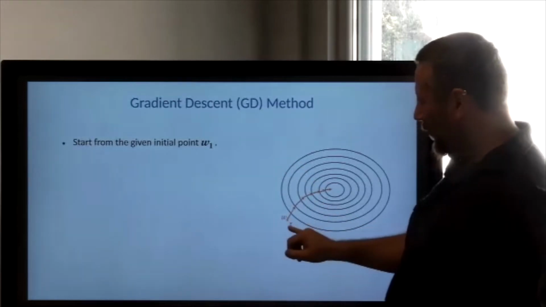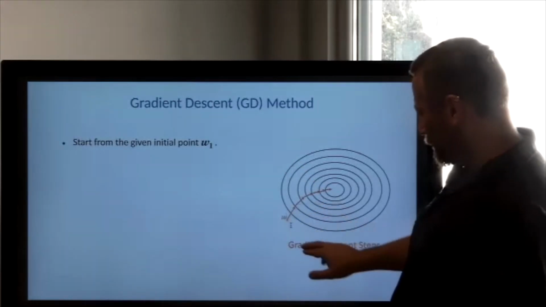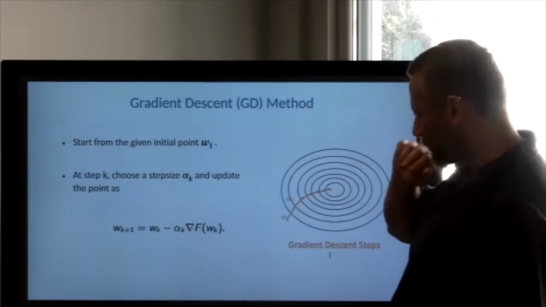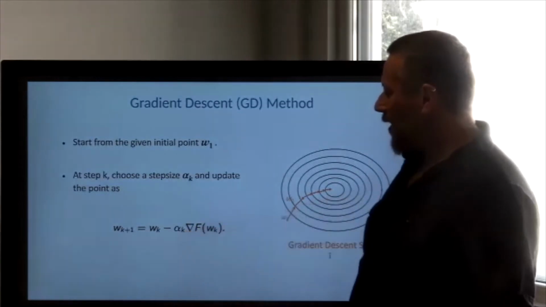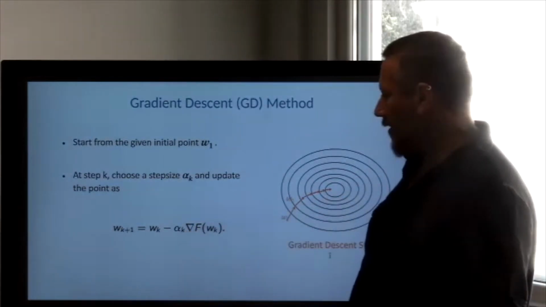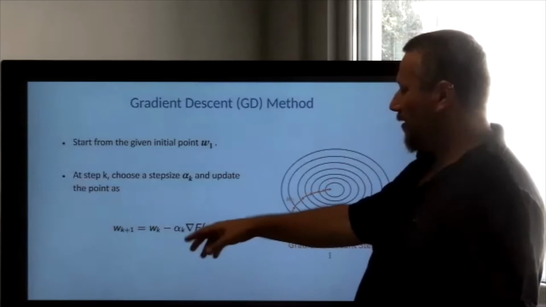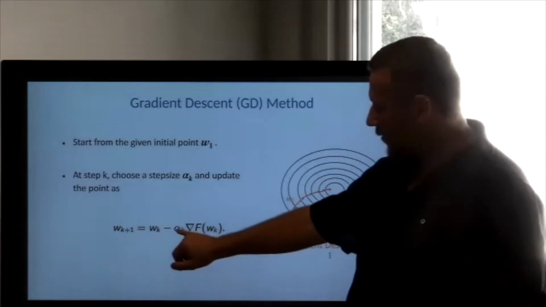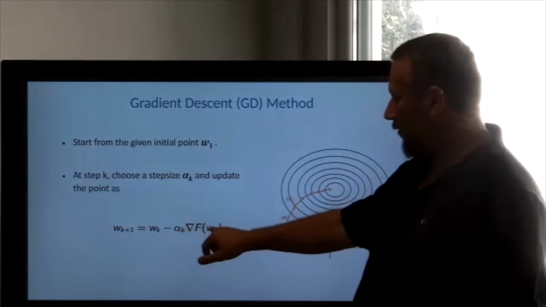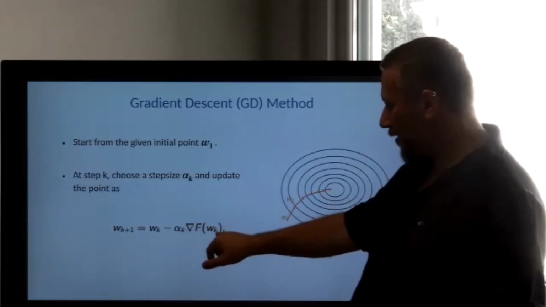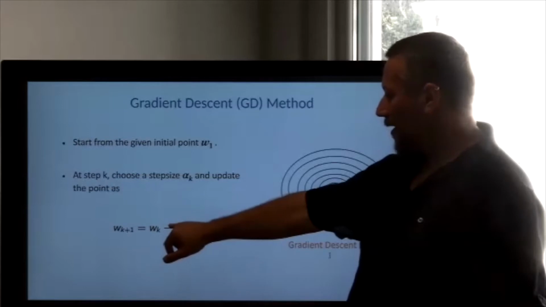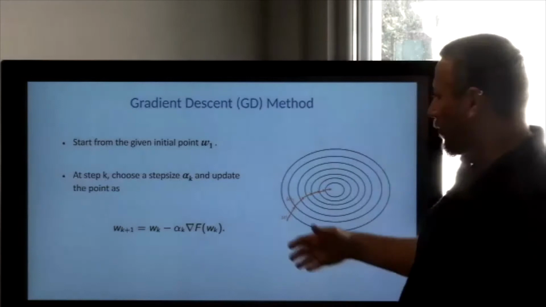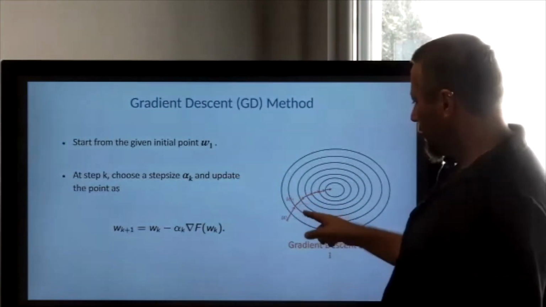From that point, we calculate the derivative, multiply it with the step size, and then move in the opposite direction. So we subtract alpha k times the gradient of f at omega k from omega k, and then we reach our next destination, omega k plus 1.